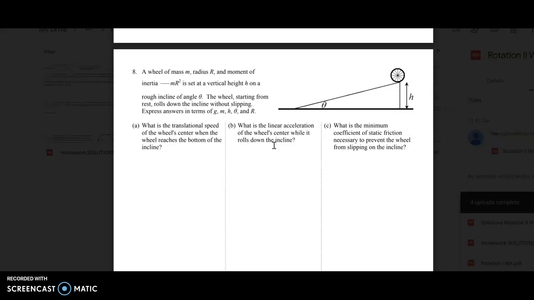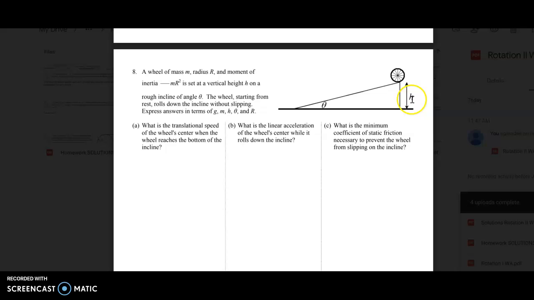Note, what's the height? If I called the hypotenuse of the ramp x, just note that sine theta would equal h over x, okay? I think that's going to help you at some point.